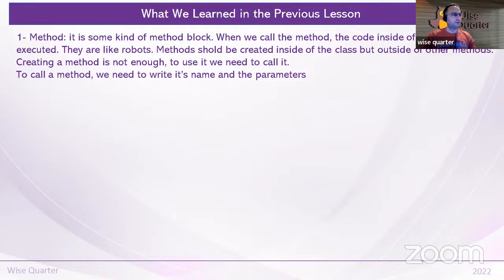And let's talk about overloading. When we call the method, do you know how it chooses the right method? If there are more than one method, it should check a few things to execute a method. First, it will check the name.